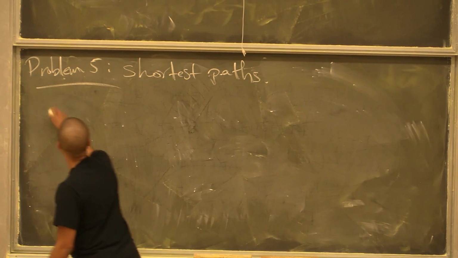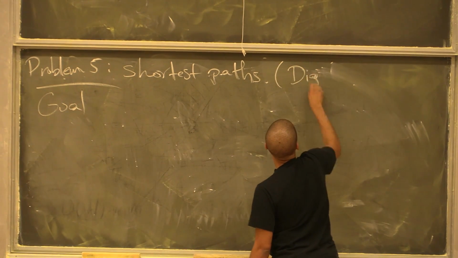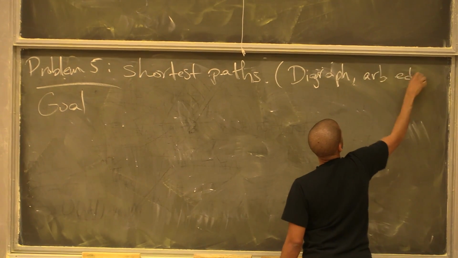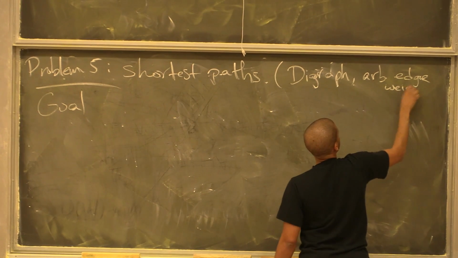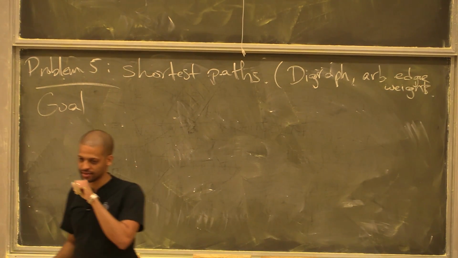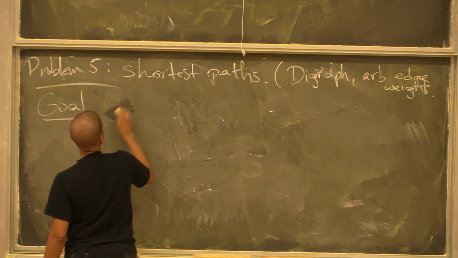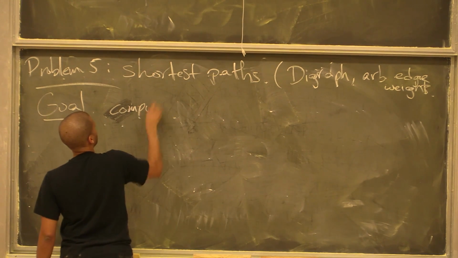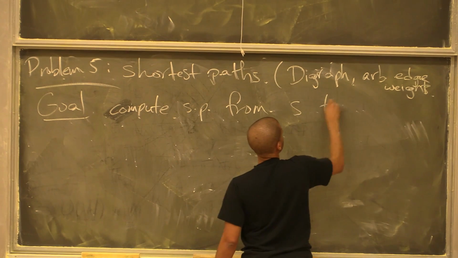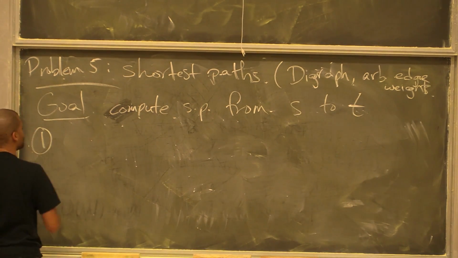So the goal here, let's say it's a directed graph, and I could have arbitrary edge weights, so positive or negative. And let me assume that I promise you that the graph does not have negative cycles. So the goal is to compute the shortest path from S to T. So one, let me define a function.